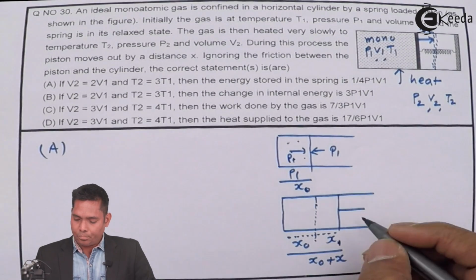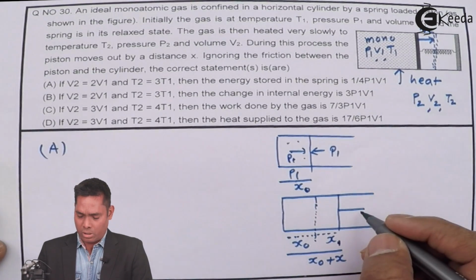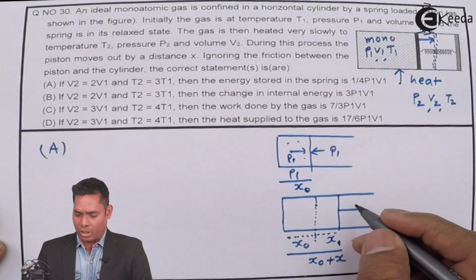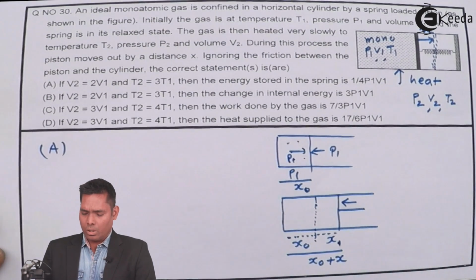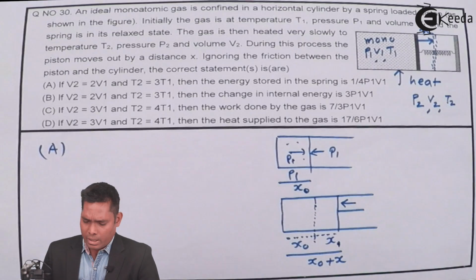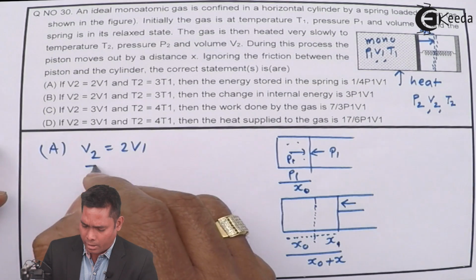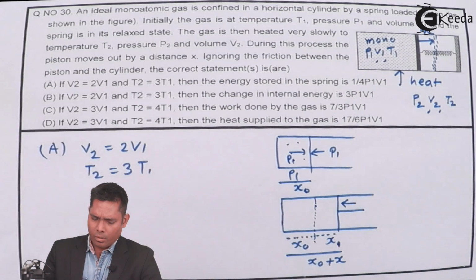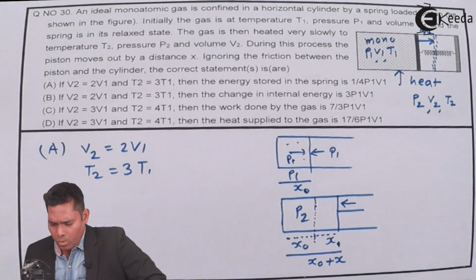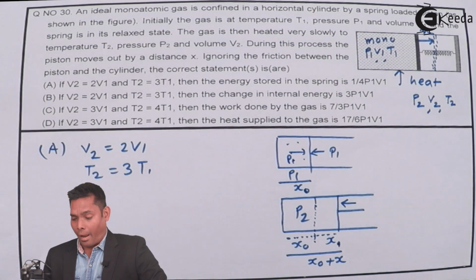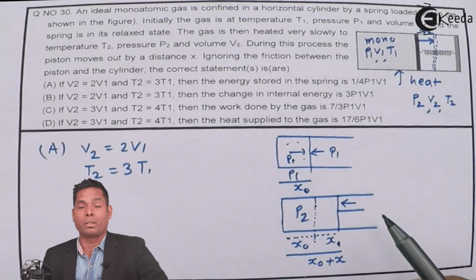Again, when it is in equilibrium, the spring is compressed, so the spring will also exert a force in this direction. Under the condition that V2 is 2V1 and T2 is 3T1, the pressure in the second situation is P2, and obviously this pressure P2 is a combination of the pressure due to the gas and due to the spring.